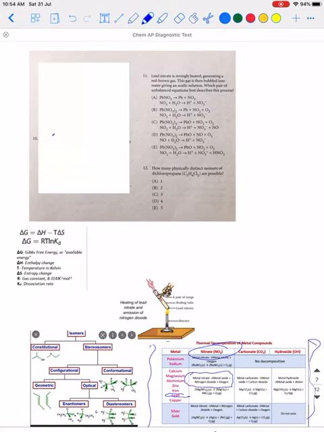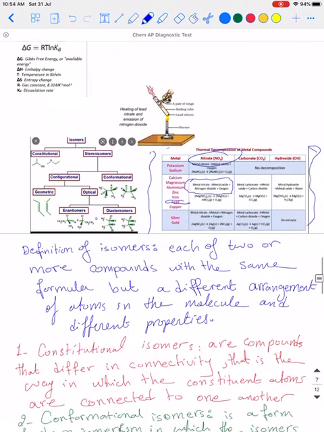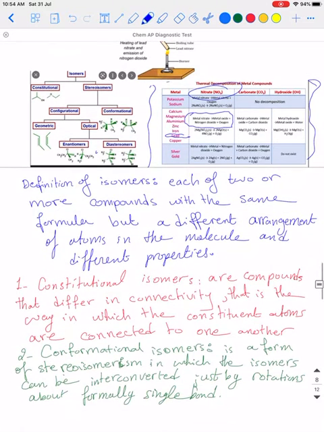In number 12, how many physically distinct isomers of dichloropropane are possible? When we talk about isomers, we have a lot of types: constitutional, stereoisomers, configurational, conformational, and configurational may be geometric or optical, and optical itself may be enantiomers or diastereomers.